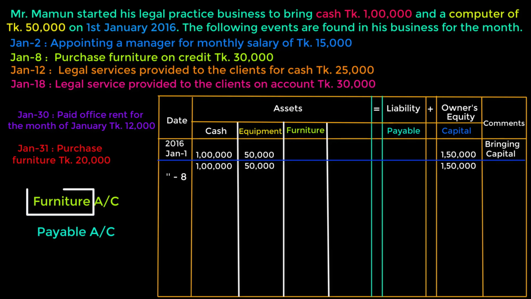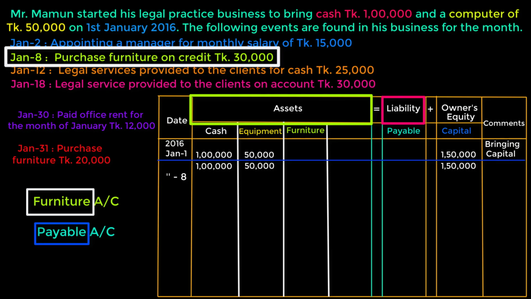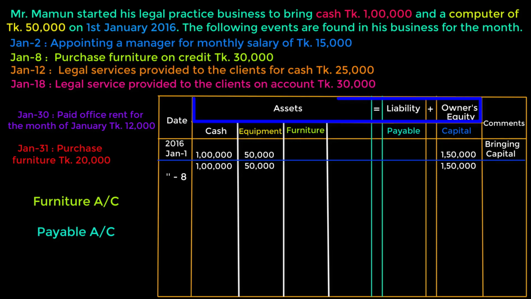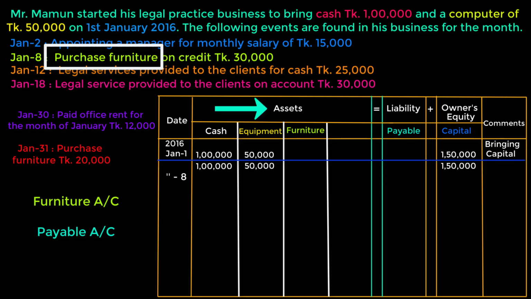As furniture is the element of assets and accounts payable is the element of liability, therefore, for this transaction, both the left hand side and right hand side of this equation will be changed. That means we will have to apply here trick 1 again. Now tell me, for purchasing furniture, will these assets be increased or decreased? Certainly, assets will be increased.